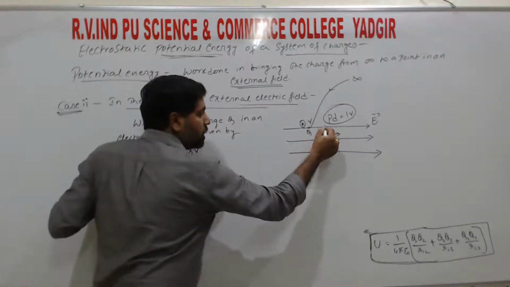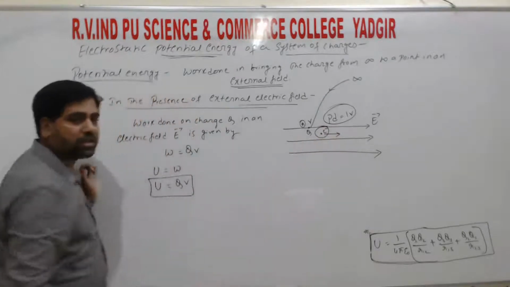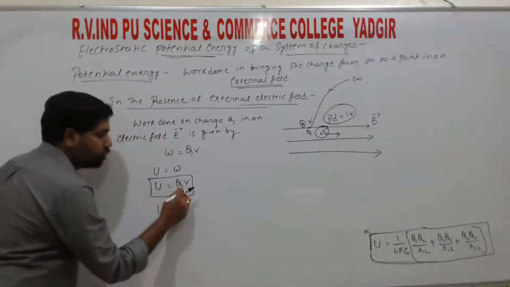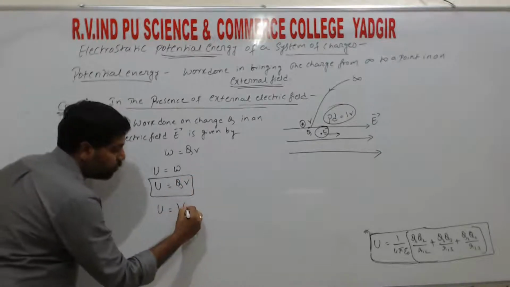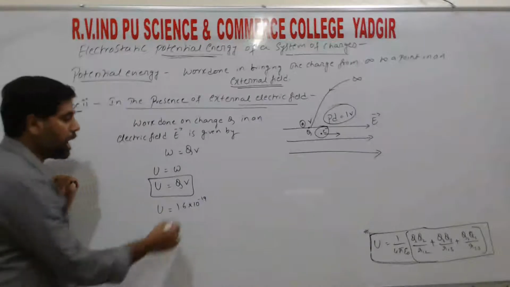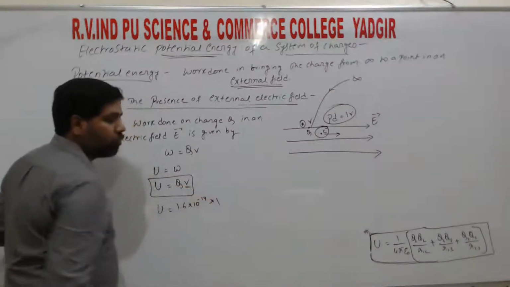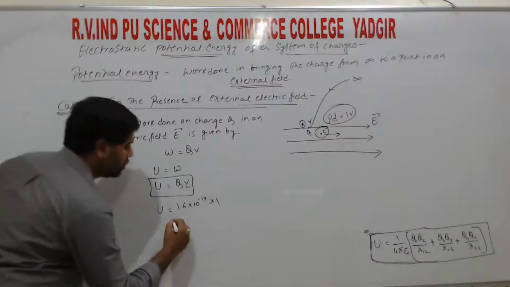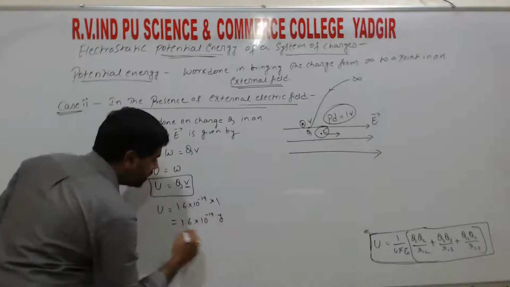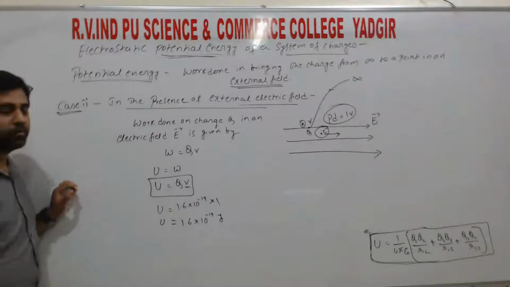This electron gains energy. How much energy is it gaining? U is equal to the charge of the electron, 1.6 into 10 to the power of minus 19 coulomb, and the potential difference is 1, so 1.6 into 10 to the power of minus 19 joule.